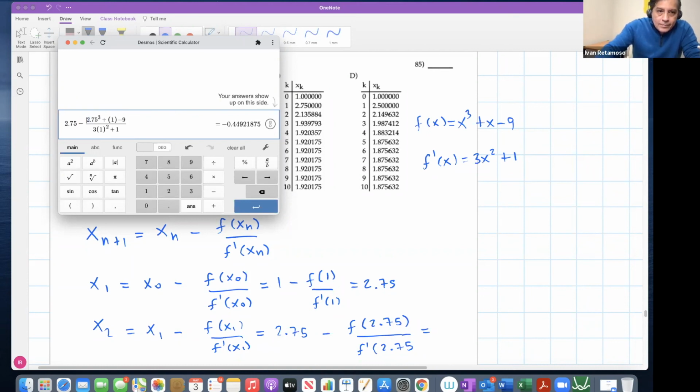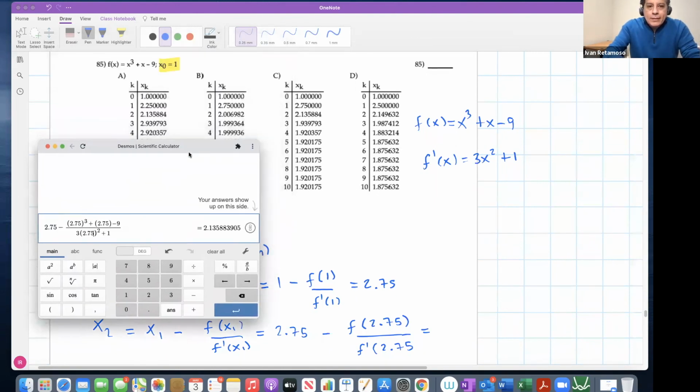All right, so then this was cubed. Then 2.75 again here, 2.75 again here. And the new value is 2.13588.